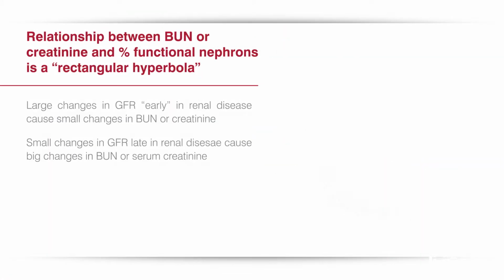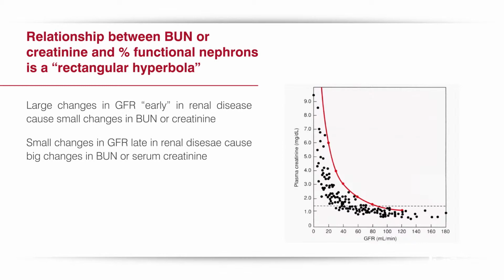Once we eliminate all non-renal variables from consideration, if we look at the usefulness of the BUN and the creatinine, their relationship to the percentage of functional nephrons in the kidney is what we call a rectangular hyperbola.